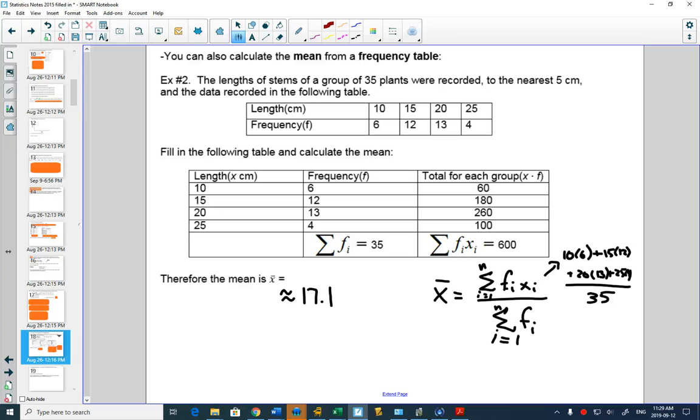We're adding up frequencies, and we're adding up the frequencies starting with number 1. That's what the i equals 1 on the bottom is, a starting point, and going up to n. n is the number of things you had. In this case, we have 4 of them. We're adding up frequency 1, frequency 2, frequency 3, and frequency 4.